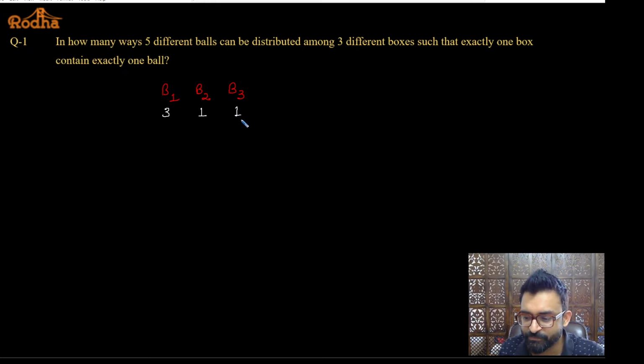Tell me yes or no. Is this possible? 3, 1, 1. Is this possible? 2, 2, 1 in fact. Yes or no? Is this possible? Is the last one possible?